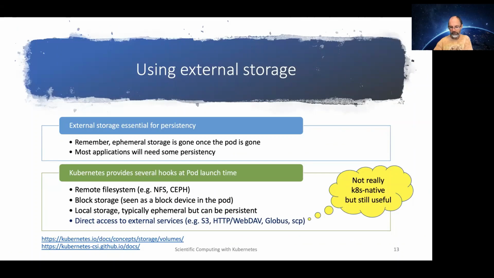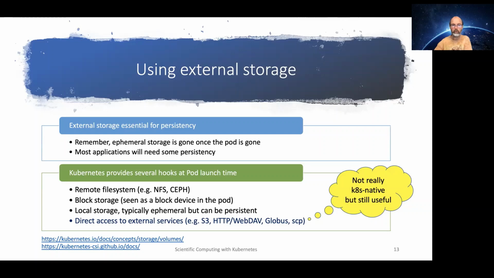Now, that was the work area inside the container, but work area ephemeral storage means the moment the pod has finished, that area is gone. It's deleted. You have nothing left to show for, which is probably not something you want. You probably want some kind of persistent storage. And Kubernetes provides several hooks to interface with persistent storage.